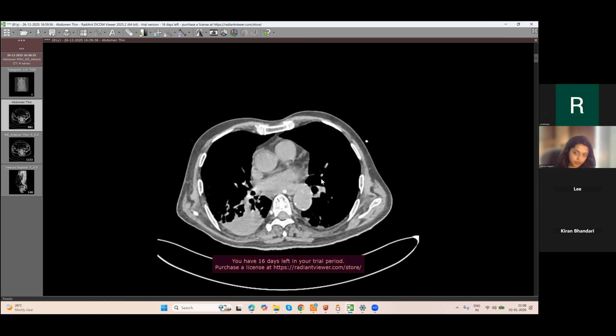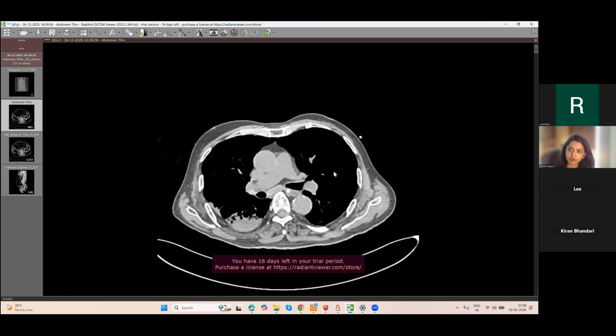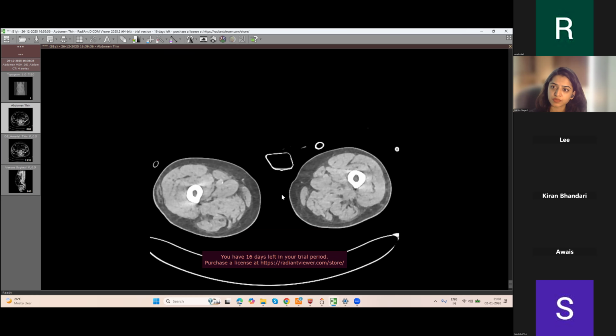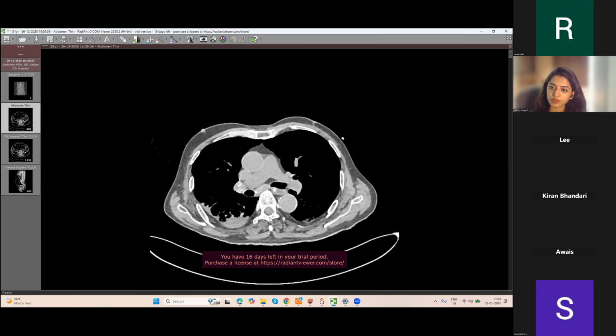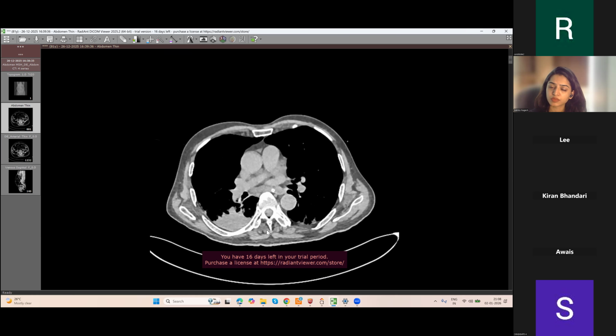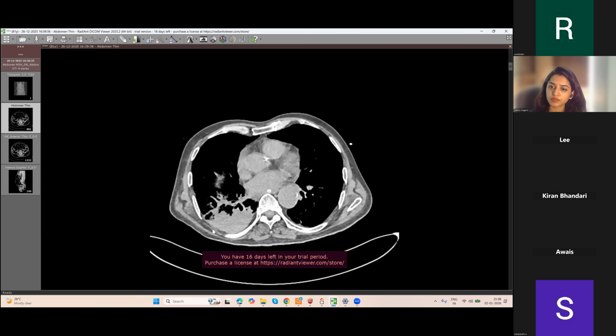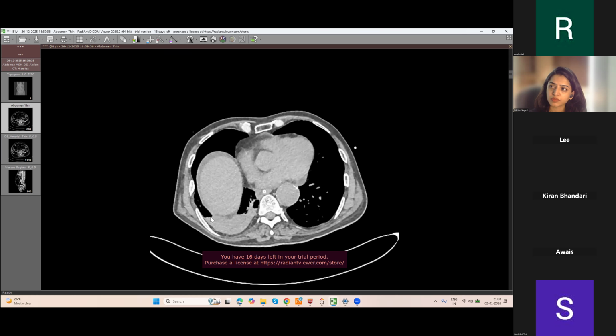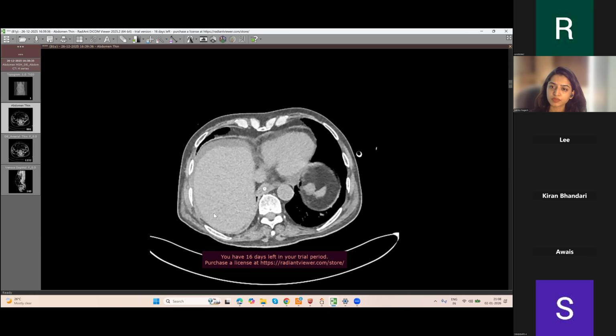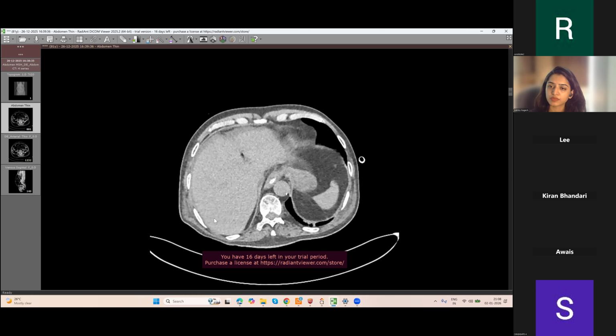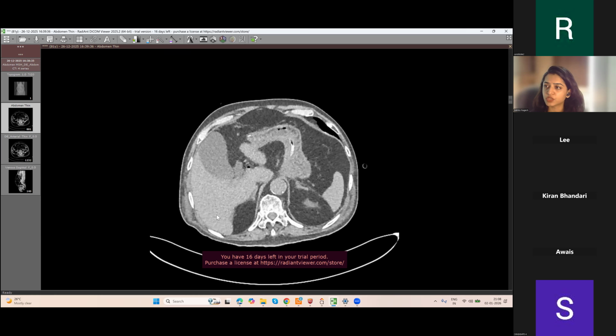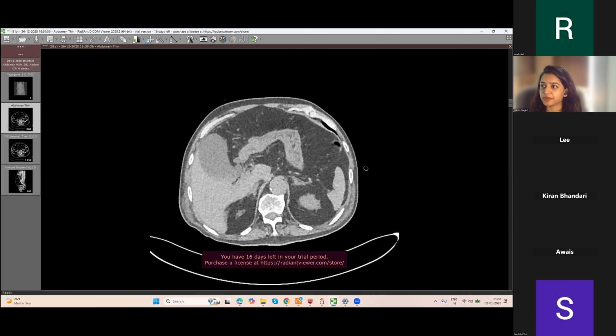I'm going till the last cut to not miss anything. There is a basal consolidation seen in the right lung base. I'm just scrolling it. You can use the scroll bar on the right if you want. Yeah, okay, thank you. There is ascites seen.